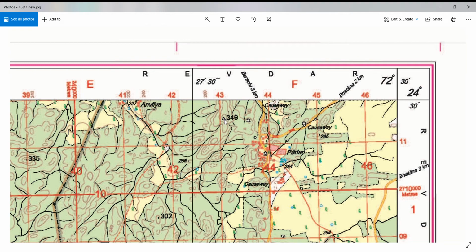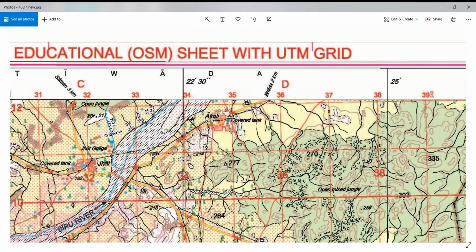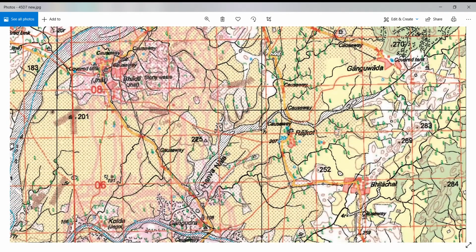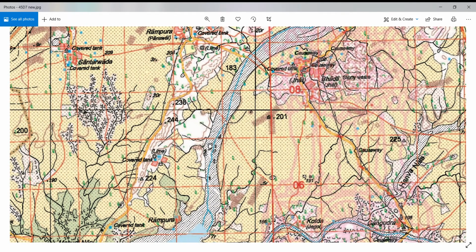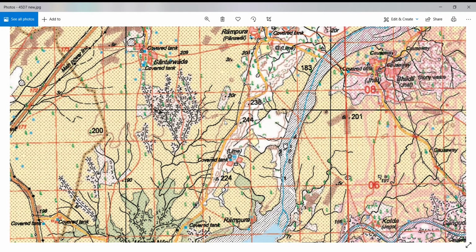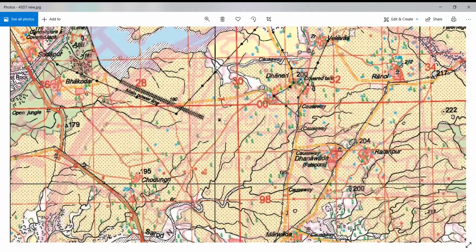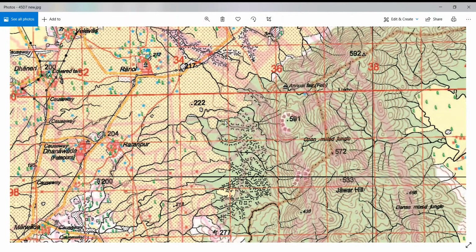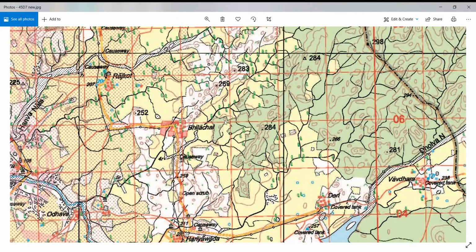Spot height of 284. To find spot height of 284, you have to again go to the areas where 200s are dominating. So this is the area where 200 is dominating: 200, 200, 240s, 250, 284.